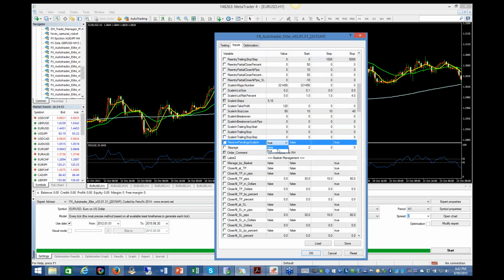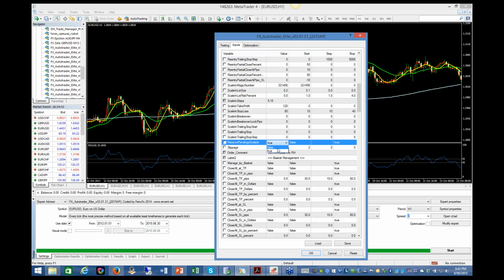And it's a funny thing with my Auto Trader that, depending on the scaling orders, if they're pending orders, and if the main trade closes before the scale-ins have been triggered, then I have a choice of either leaving those scale-ins sitting there or taking them out.